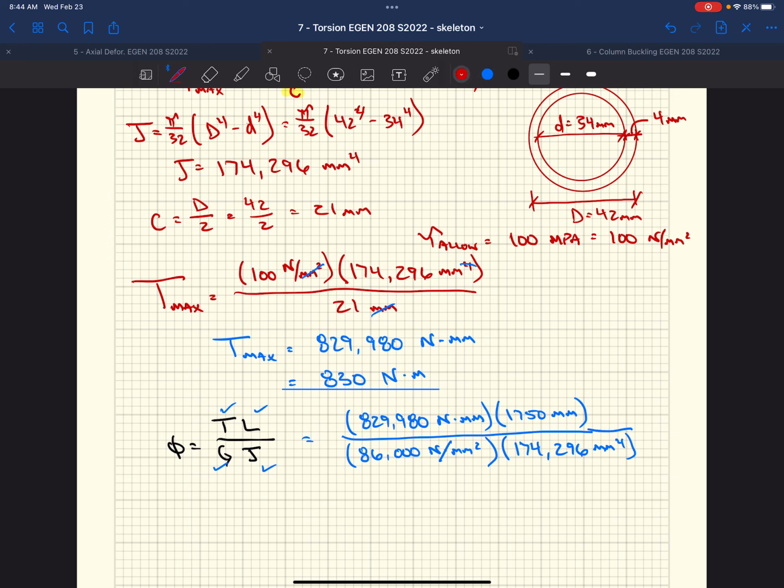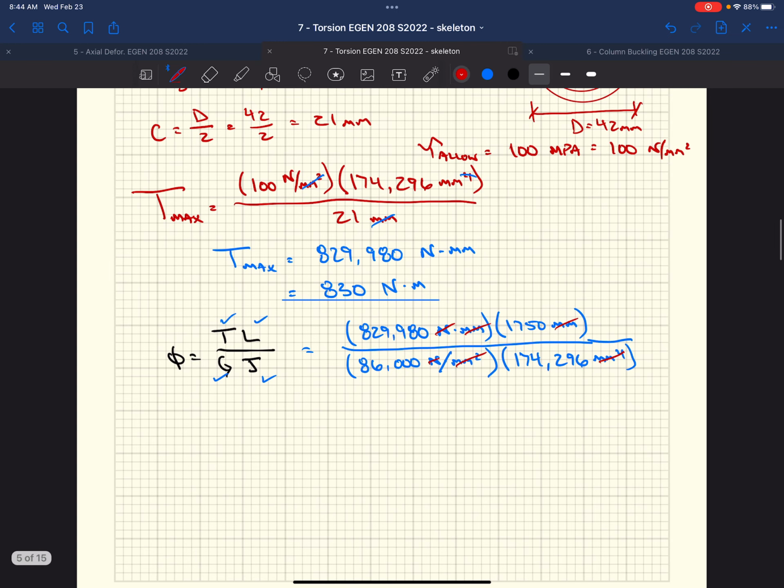If you look through this, newtons cancel, millimeters cancel. Millimeter squares go back up on the top, so we have millimeters to the fourth over millimeters to the fourth. Everything cancels, and we get a unitless value, which is in radians. We get phi equals 0.097 radians.